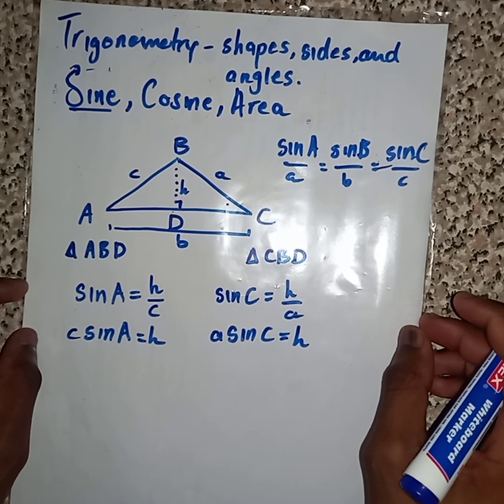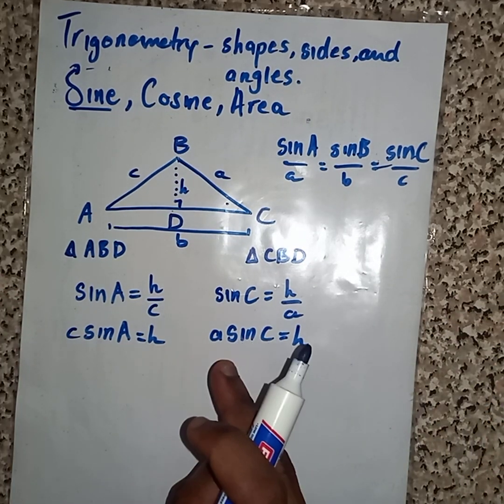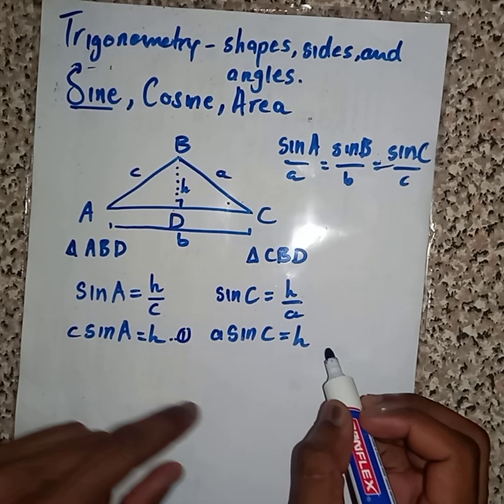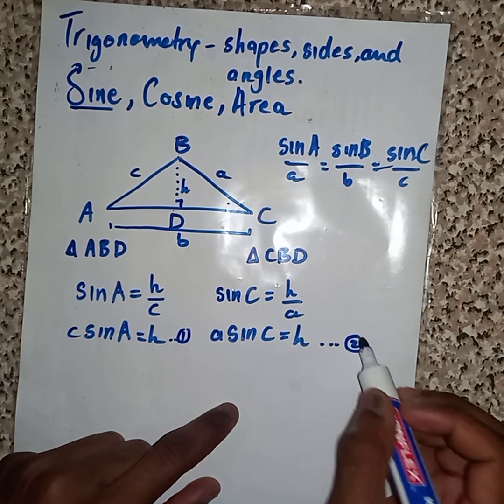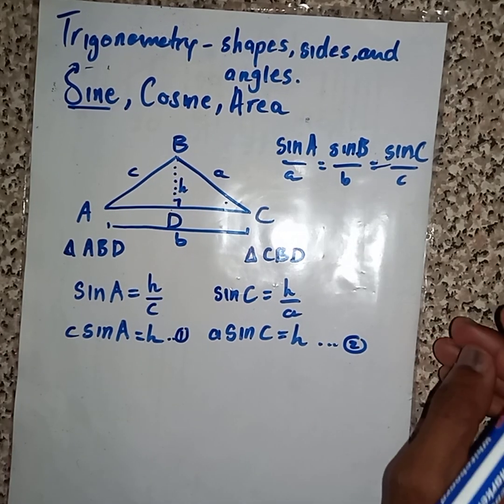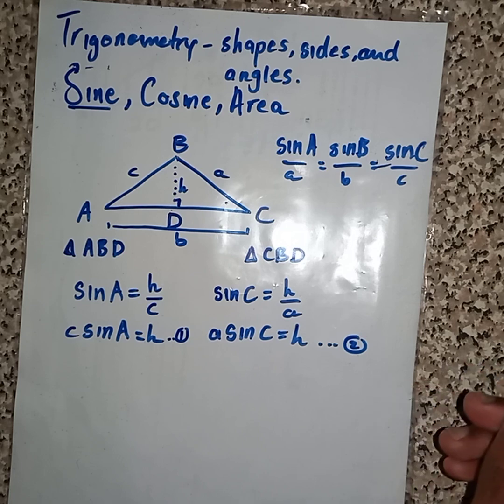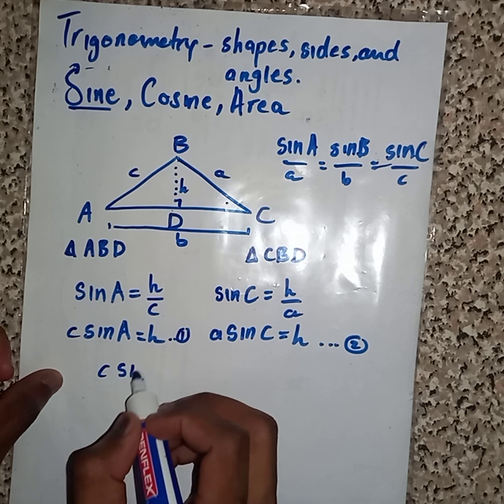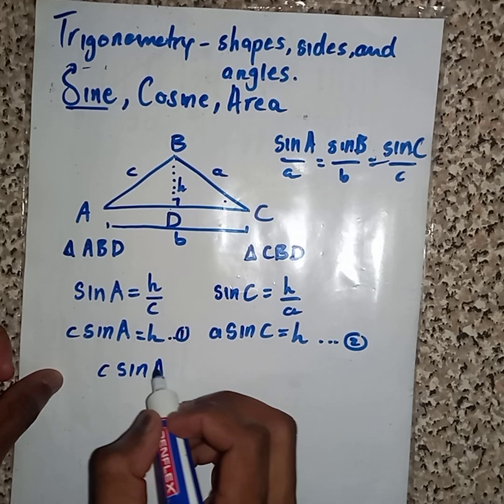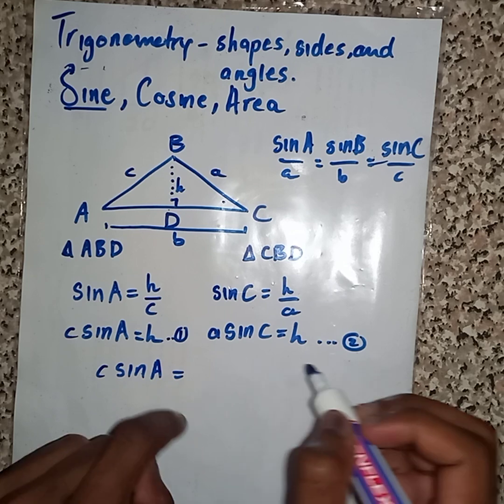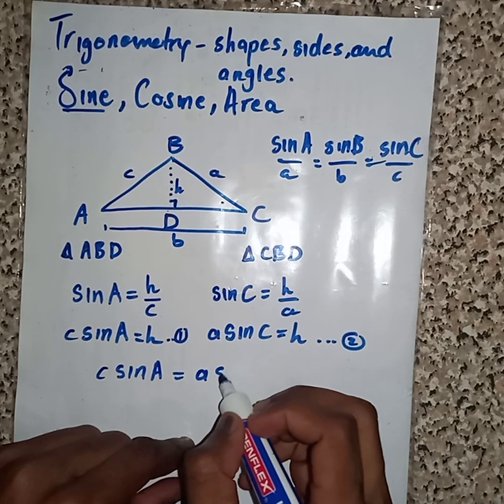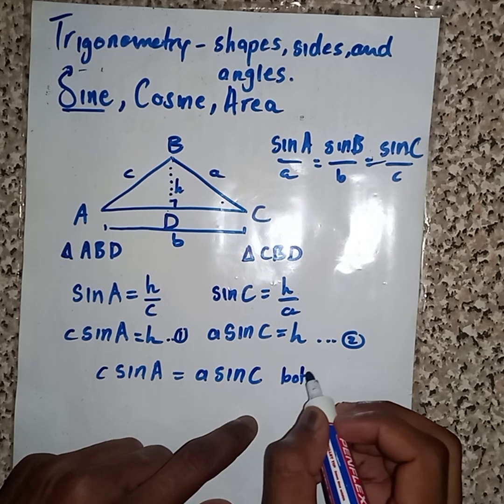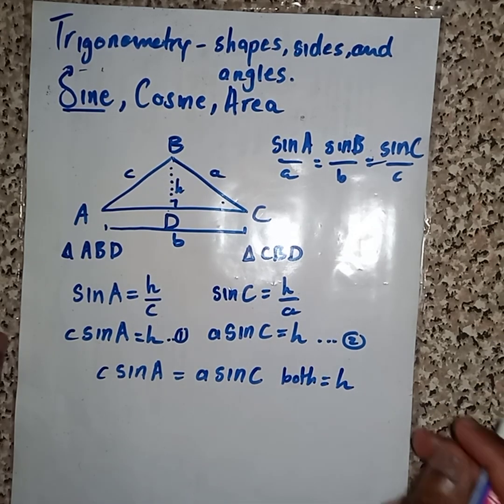At this point, we can clearly see that both equation 1 and equation 2 are both equal to h. Then we are going to equate them, saying c sine A and a sine C are both equal to h. We equate them because both somehow are equal to h.